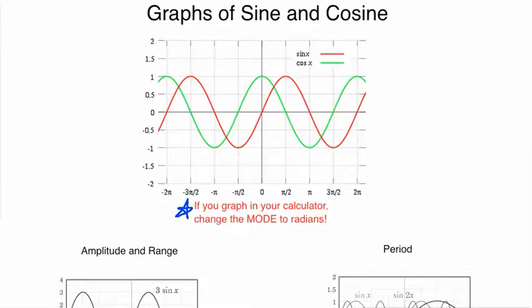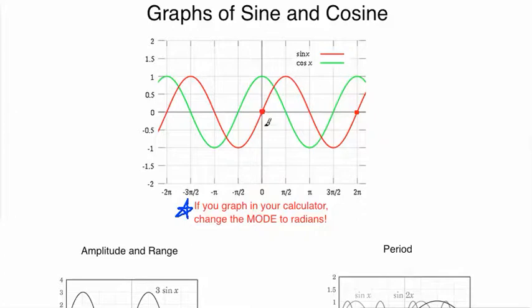One of the things you should know is what a cycle is. A cycle is essentially a piece of the graph that is copied over and over again. So for example, one cycle of the sine graph would be from this point and then up, down, up to this point.